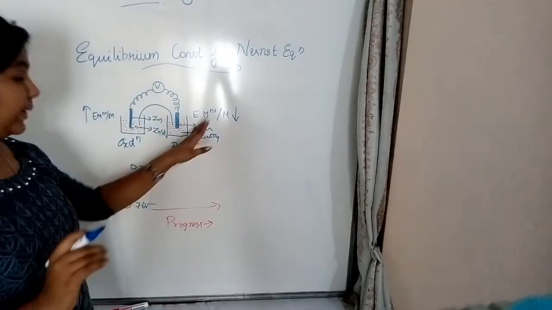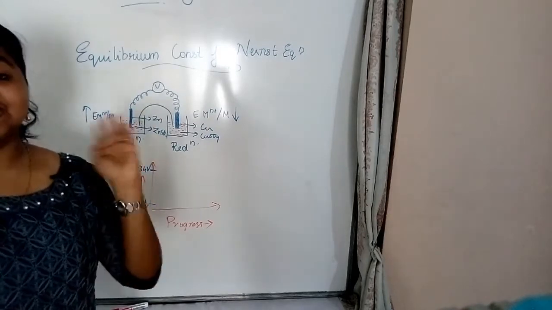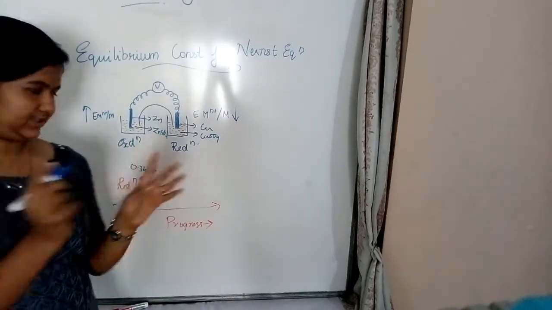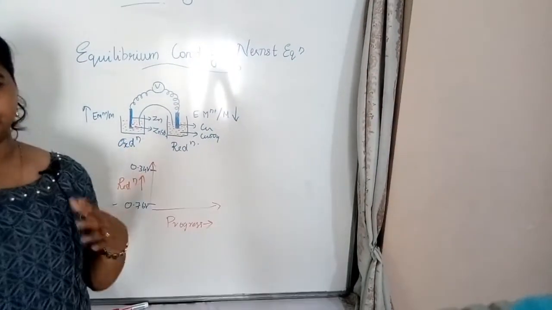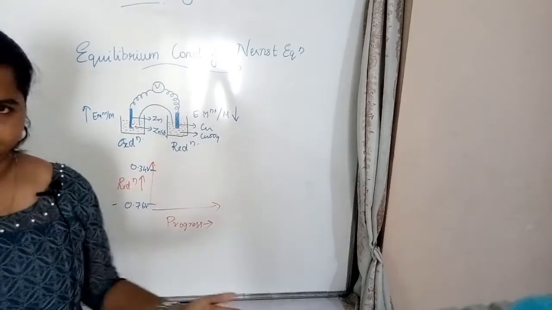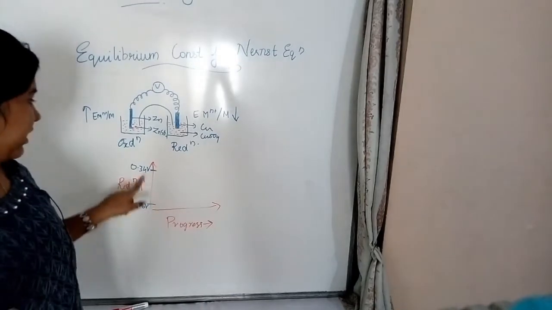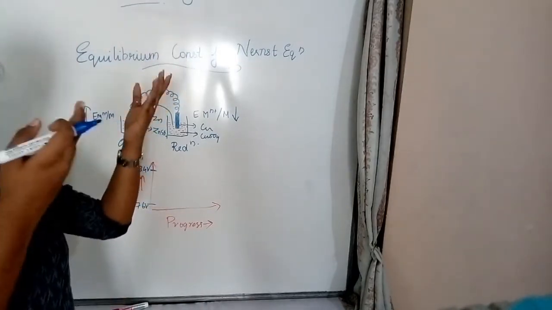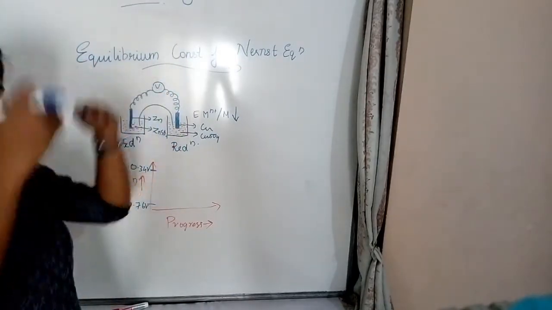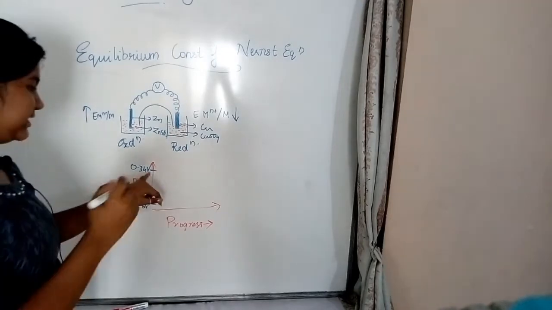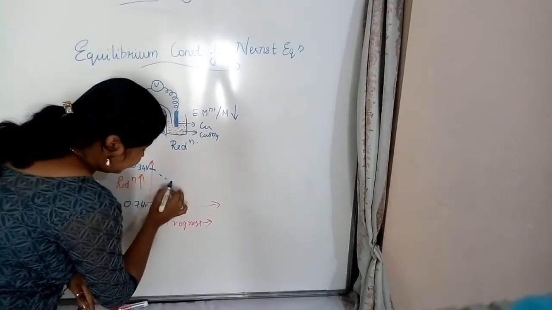What I told you, in the cathode the electrode potential decreases. So this is the cathode, because the copper electrode potential is 0.34 and it's greater. When a graph is drawn, the positive value comes first, and beneath that comes a negative value. So that's how it decreases.